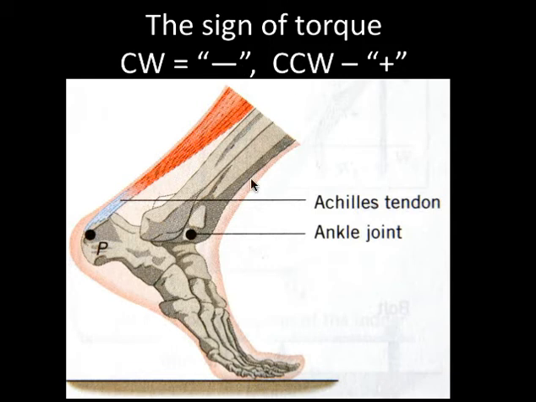Counterclockwise torque is positive. So when you're thinking whether the torque is positive or negative, picture the force applied to an object. Which way will it rotate the object? Counterclockwise or clockwise? Lifting the heel is going clockwise. That's why this torque produced by this tendon is going to be negative.